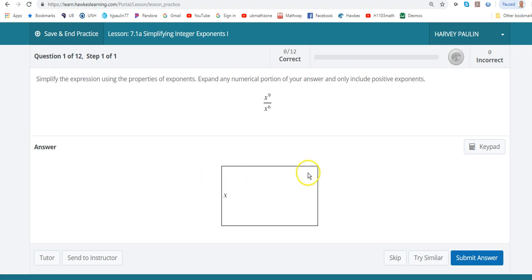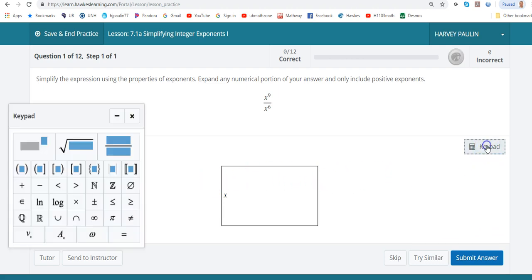And then I wanted to show you the keypad. When we click on that, it does give you various mathematical symbols, and if we want to put an exponent on that x, we would go here to the exponent key, click on that, and then the box for the exponent pops up, and we get a 3.